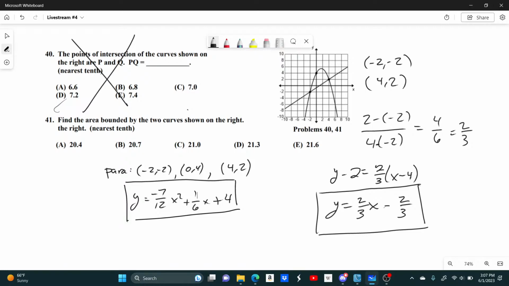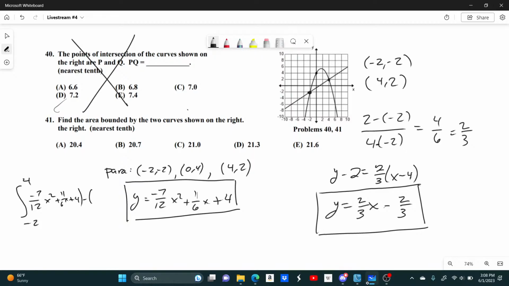Then define the bounded area. The bounded area between two equations is just the integral of their difference. So we're integrating, our bounds of integration will be from -2 to 4. And then our top equation would be the parabola. Yes, so here you go.